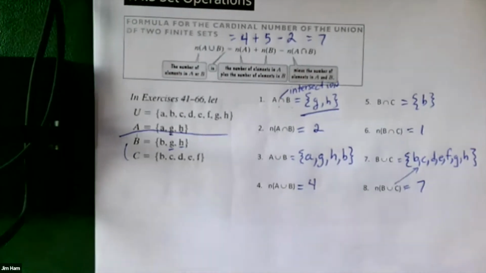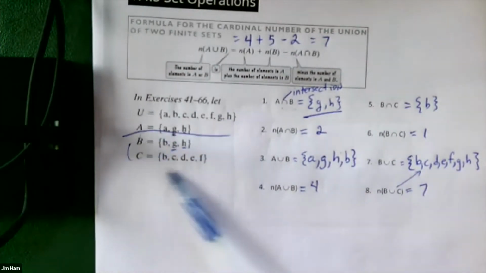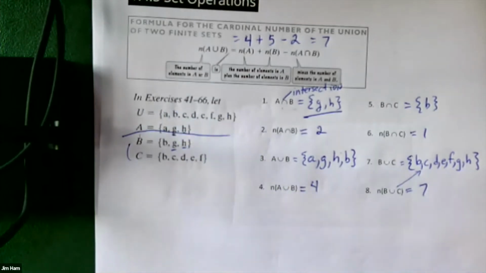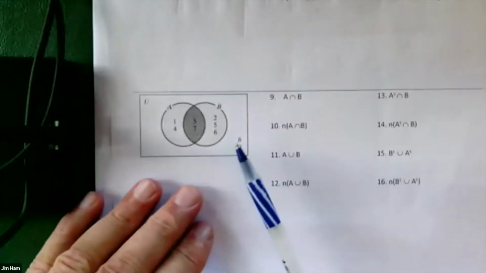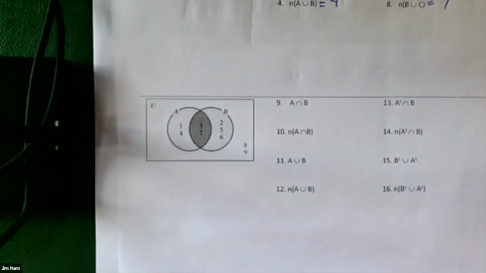Now we're going to do a similar problem, but in this case, instead of using this information, we're going to have a Venn diagram. And to get started with the Venn diagram, I want you to think about a couple of sets.